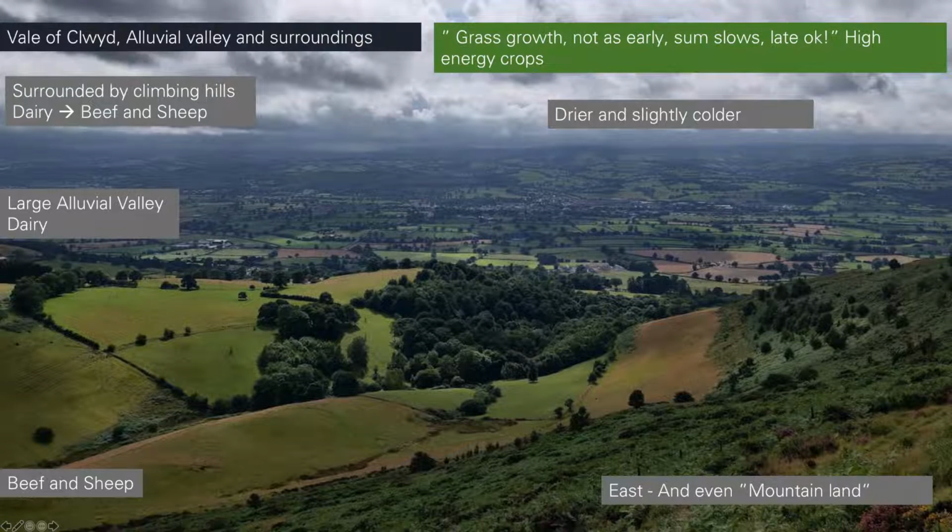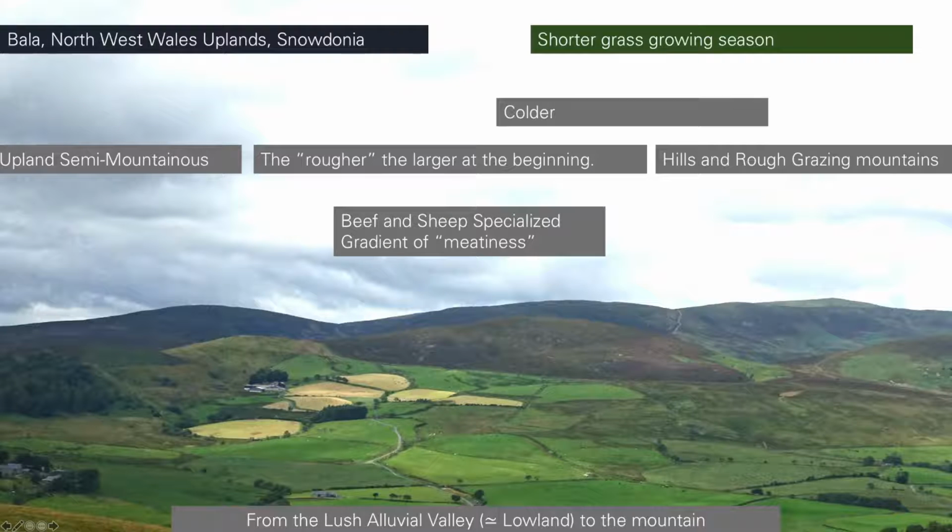And finally, you have the Bala area, which was an upland, but not a mix between lowland and upland like what we've seen in the Vale of Clwyd, but really a semi-mountainous area. Relatively colder, wetter, and the higher you go, the rougher it gets.